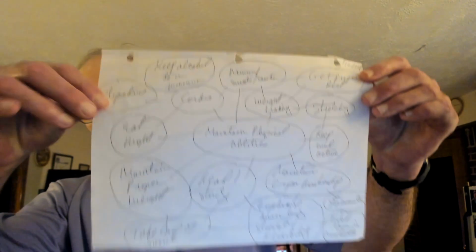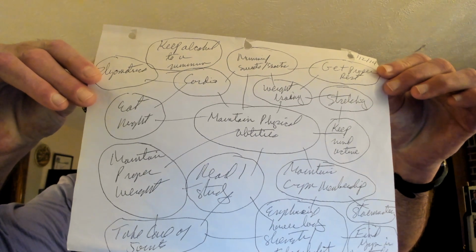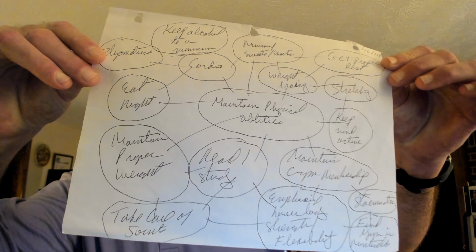My goal has to do with maintaining my physical abilities as I age. And here is a copy of that cluster. Items identified in my cluster include weight training, keeping my body strong.